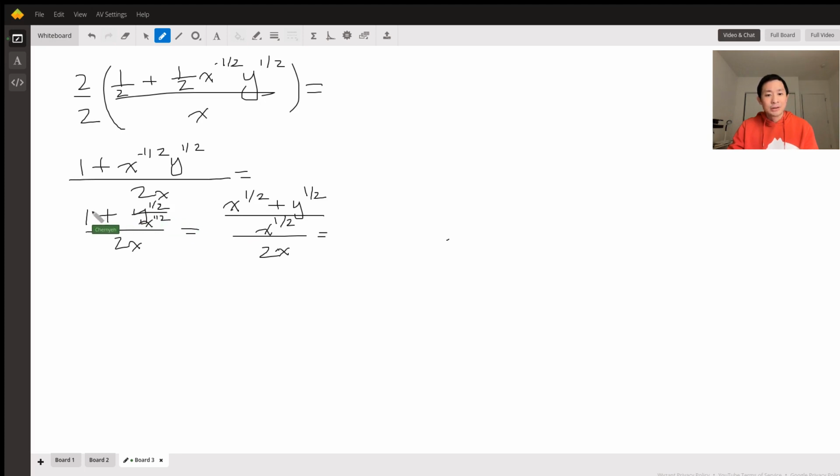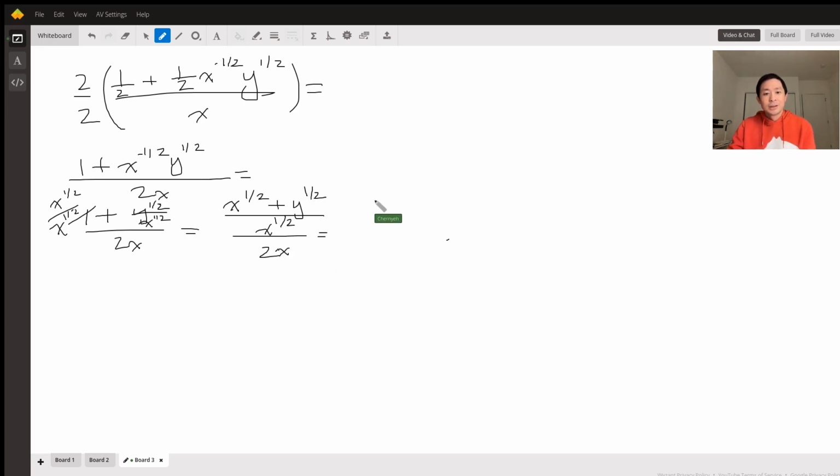So I'm going to rewrite the 1 as x to the 1/2 over x to the 1/2. And that will, combined as a fraction on the top, get us x to the 1/2 plus y to the 1/2 all over x to the 1/2. And then this is 2x on the bottom.